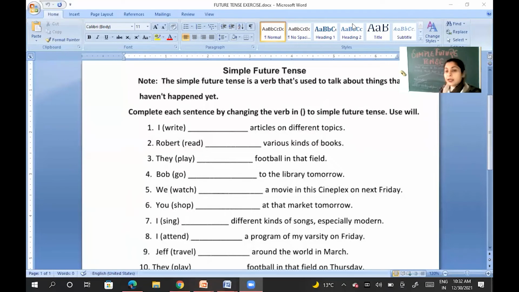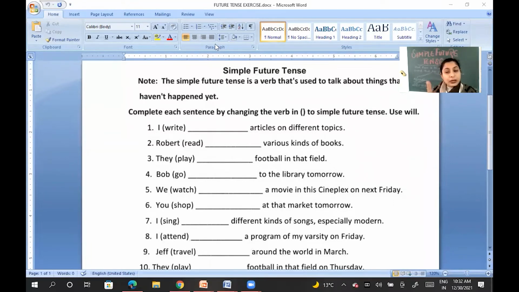As I have told you, in simple future tense there is a very simple rule: for affirmative sentences, we will simply add will to the root form of the verb. It means there will be no change in the spelling of the action word. For example, now read the first sentence here. I write articles on different topics.